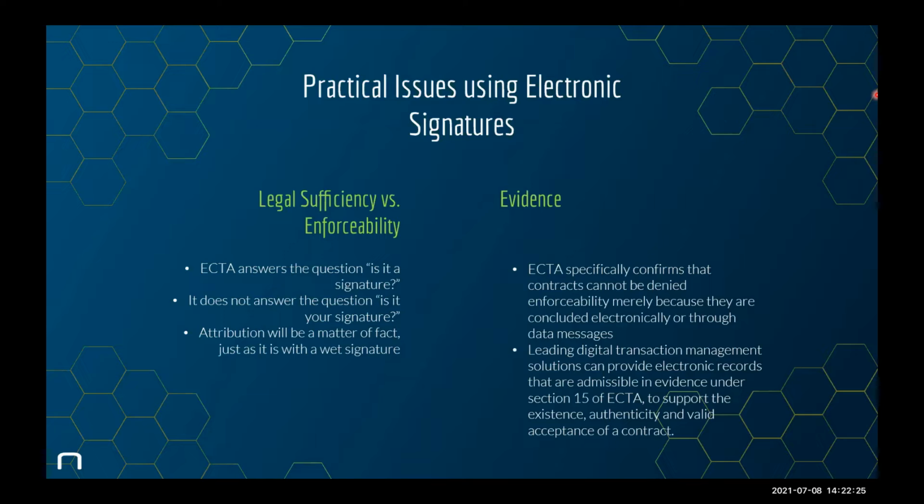The ECT Act specifically confirms that contracts cannot be denied enforceability merely because they are concluded electronically or through data messages. But what we have now with electronic signatures or digital signatures is that we can, through the transaction management, provide electronic records that are admissible in evidence under Section 15 of the ECT Act to support the existence, authenticity, and valid acceptance of a contract.